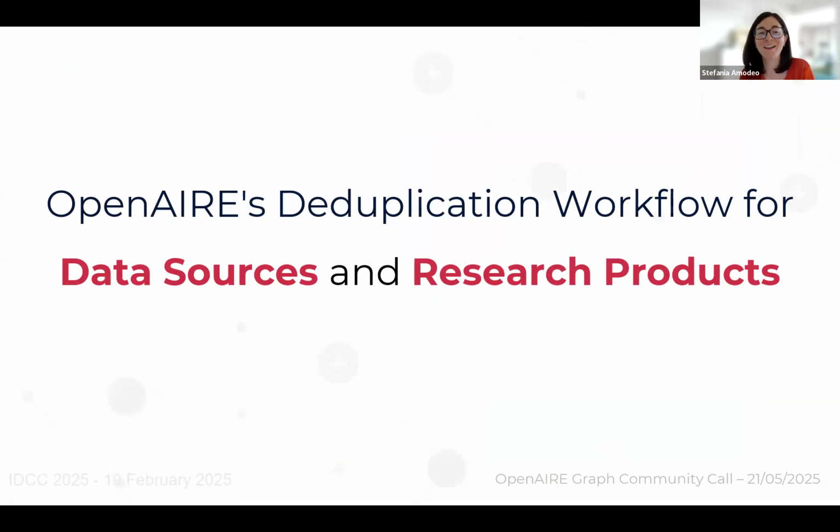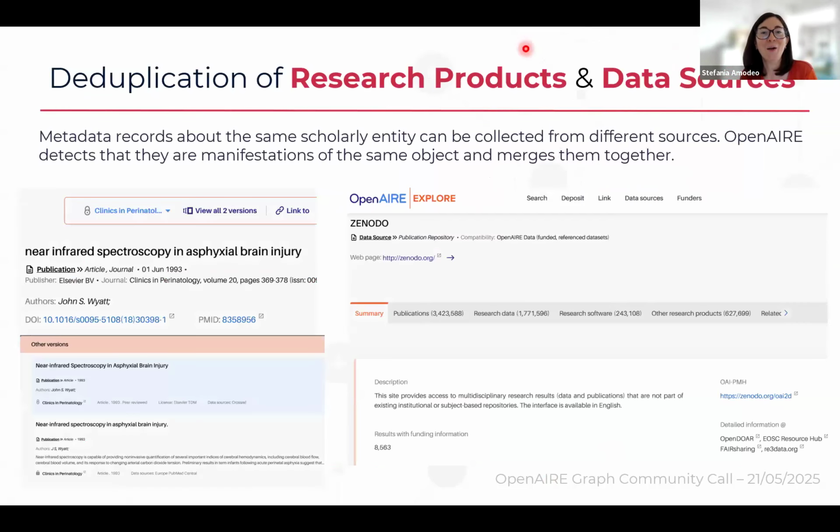So, the in-house deduplication. I'd like to start with showing you first how the deduplicated data can be seen by the user. So where do you see that this work has been done?